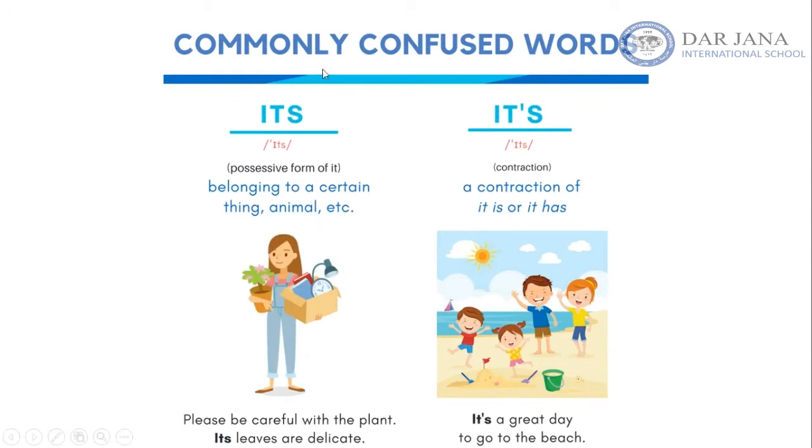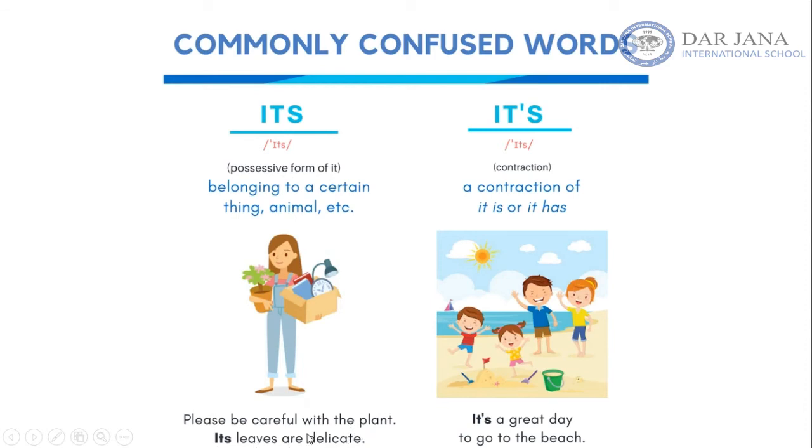Here we have some commonly confusing words, its and it's. The first one does not have an apostrophe, but the second has an apostrophe, and it is a contraction. So here its is a possessive form of it. So for example, please be careful with the plant, its leaves are delicate.